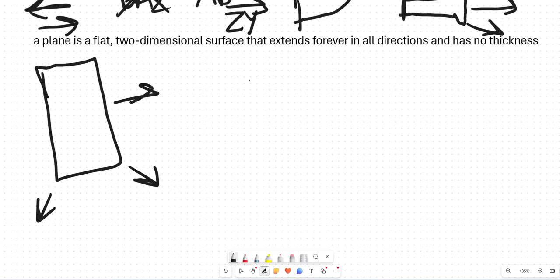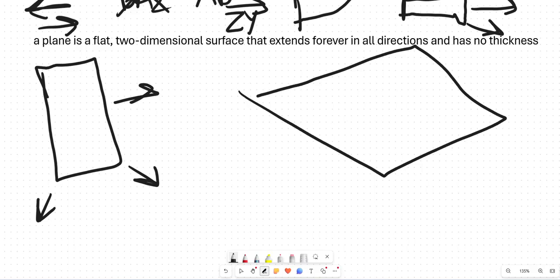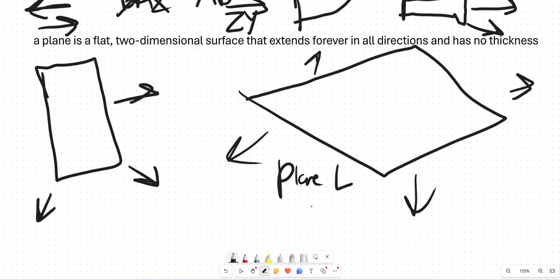Common examples of a plane are the surface of a calm lake. I can say this is a calm lake, right? I can say this is a plane because it extends in both directions, and I can say this is plane L. Plane L. This is a capital L.